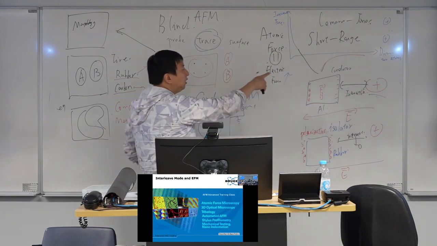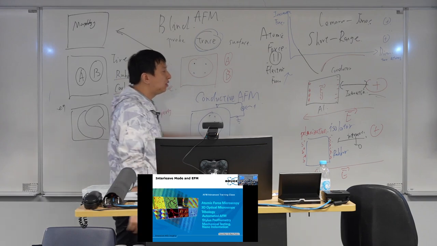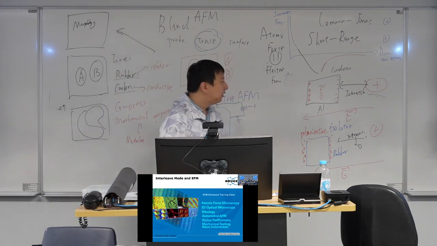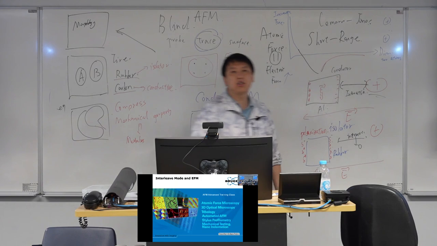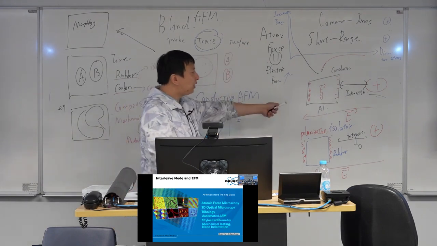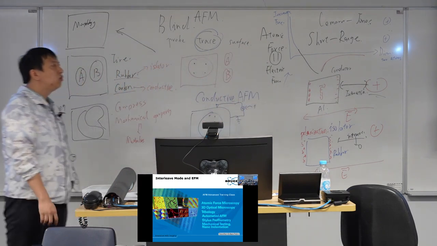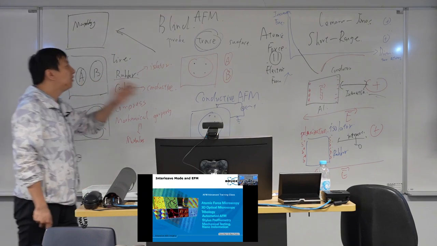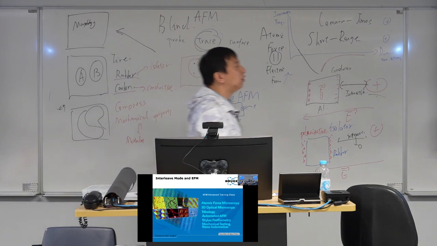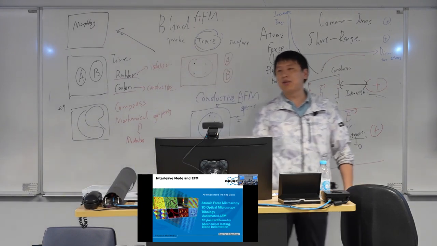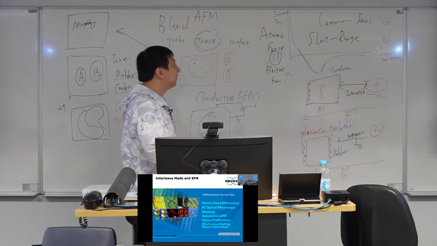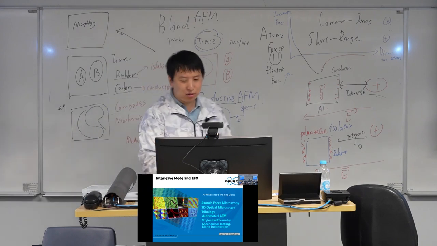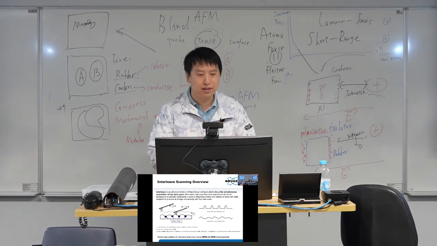If this positive charge is on the rubber, there will be a quite weak interaction. And then we can definitely use this way to distinguish the rubber and the carbon. That's the idea of the so-called electric field microscope.